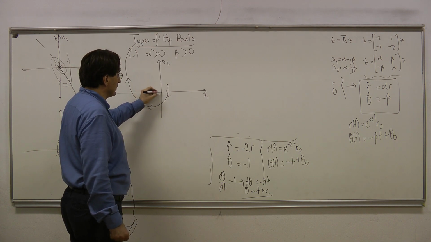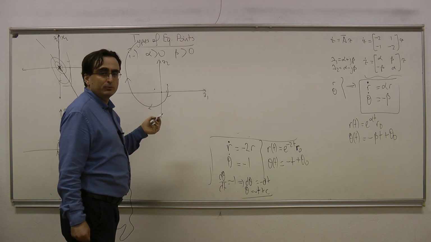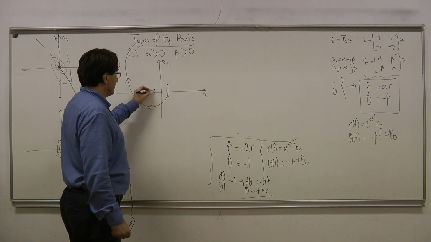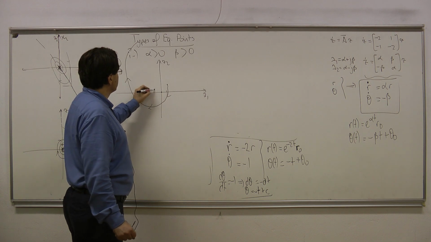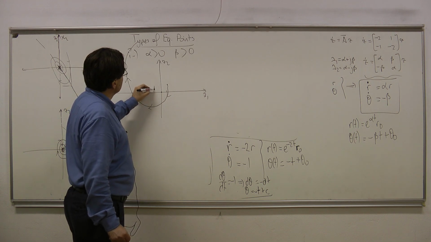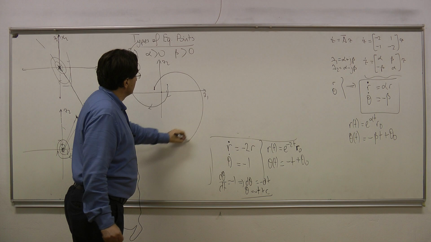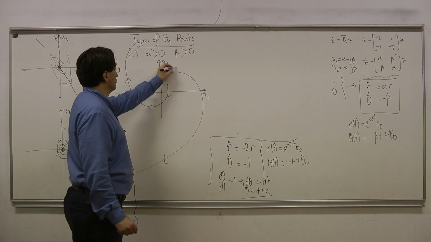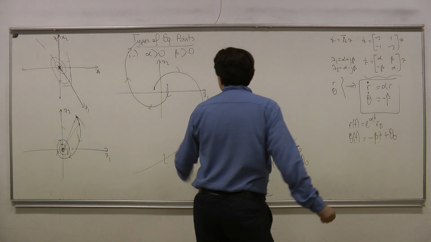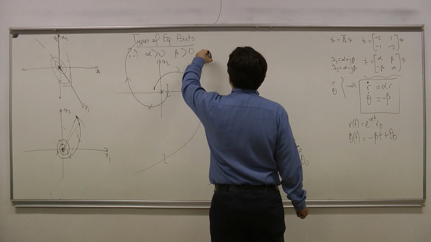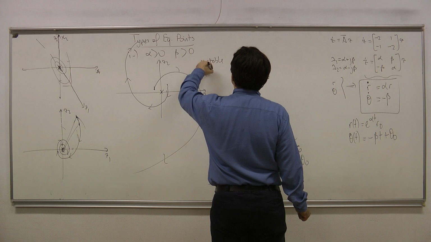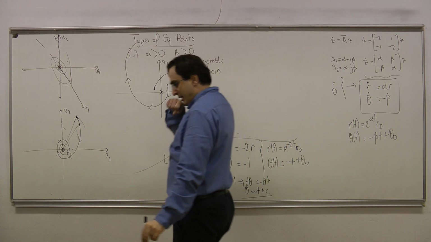If I start at the origin, I know that it is an equilibrium point, so I will stay there. But if I start anywhere other than the origin, then the trajectories would be diverging towards infinity. So this type of equilibrium point is called an unstable focus. Okay. Good.